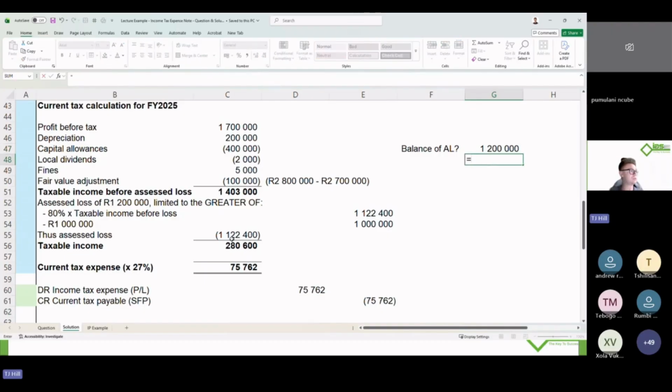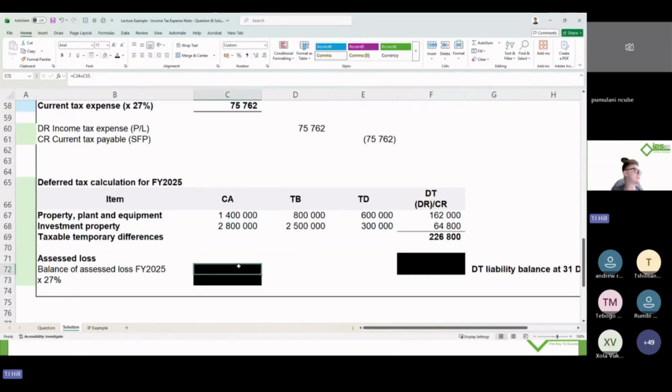I have used 1.122 in my tax return, which, in terms of section 20 only, has nothing to do with accounting. My balance that I get to carry forward to next year, again, to 2026, is 77,600. Okay, I want to recognize the tax effect of that as a DT asset.